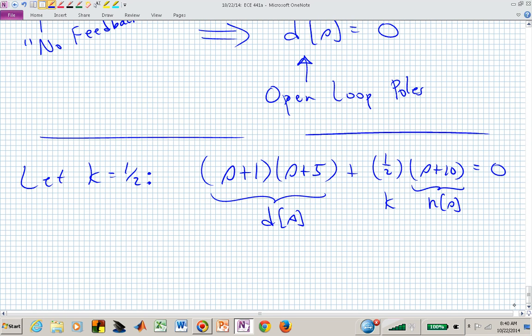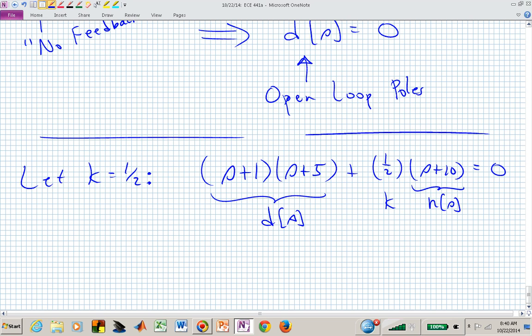And we want to know what values of s satisfy that. So how are our closed loop poles moving? We started at -1 and -5. Now we crank up the gain a little bit. Now we do have feedback. And we've cranked up the gain to a small value of 1/2.